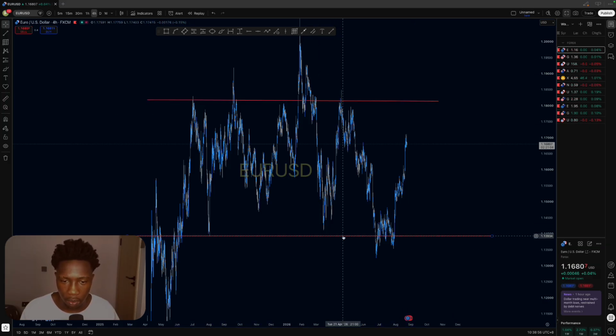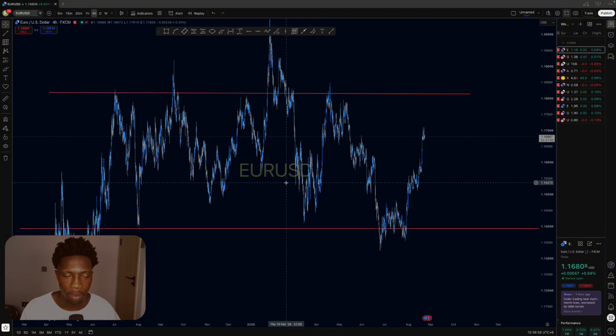So this is what we need to draw, because we have analyzed that the market is moving in a ranging section like this. It is not trending, it's just ranging. And also it is not choppy, it is ranging.